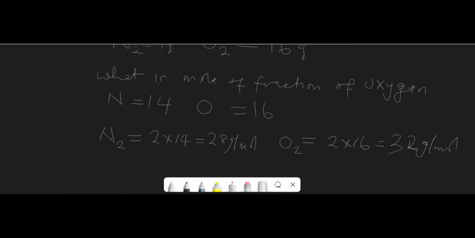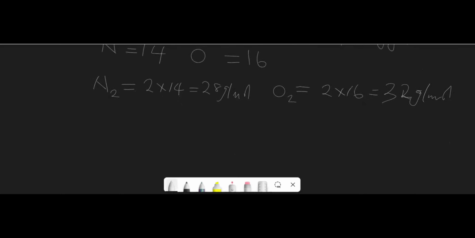So what are we going to do next? We are going to calculate the moles of the individual gases. The mole, n, of nitrogen is equal to the mass of nitrogen divided by the molar mass of nitrogen. From the question, the mass of nitrogen is 7, divided by 28.